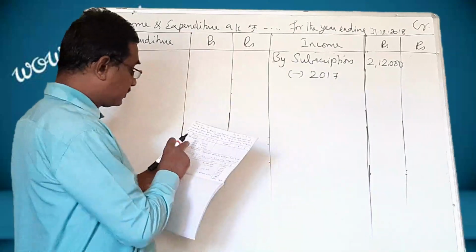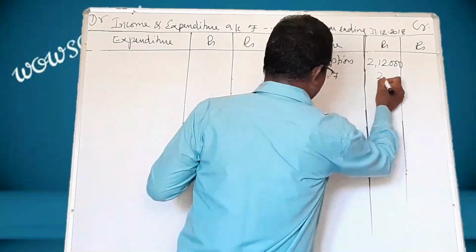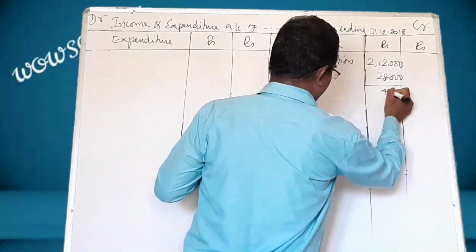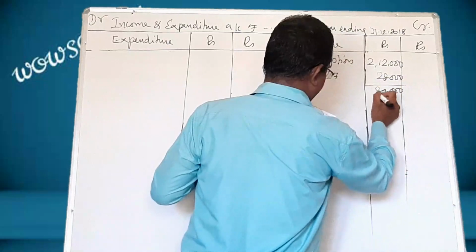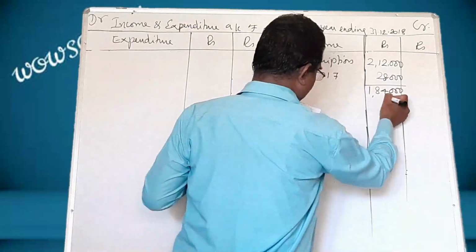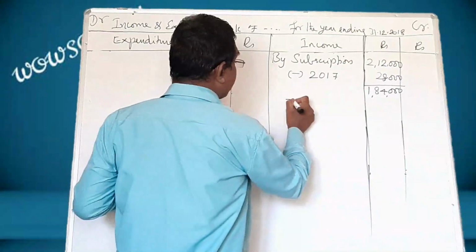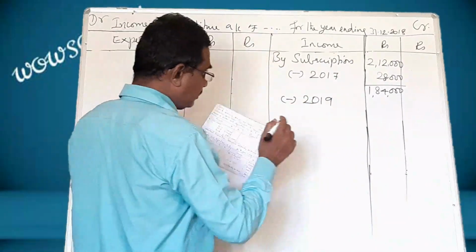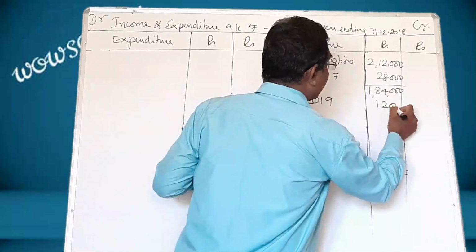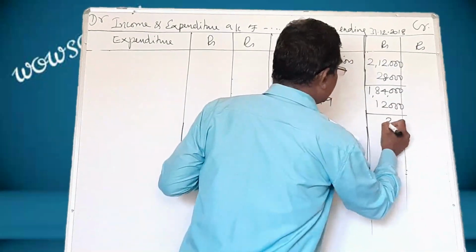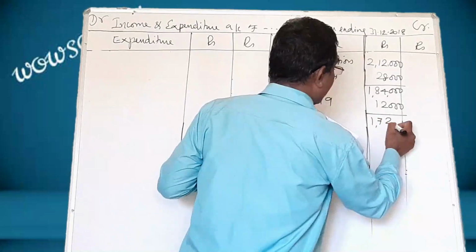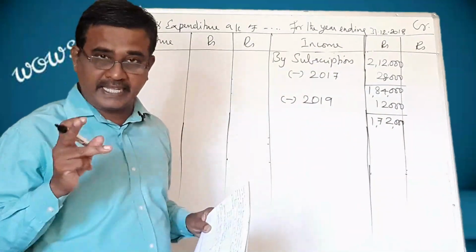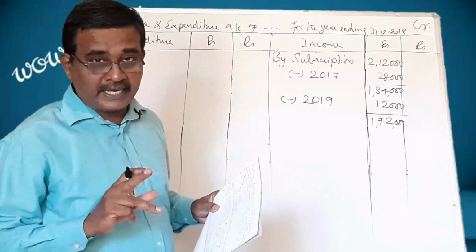Let us subtract 2017, 28,000. It is 1,84,000. From this, you have to subtract the subscription meant for 2019. What is that amount? 12,000. It is 1,72,000. And in the additional information, they have given outstanding subscription.